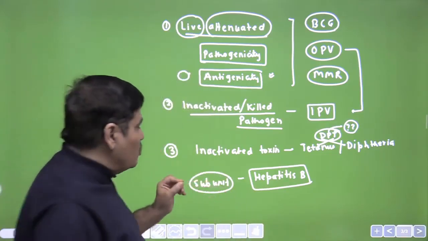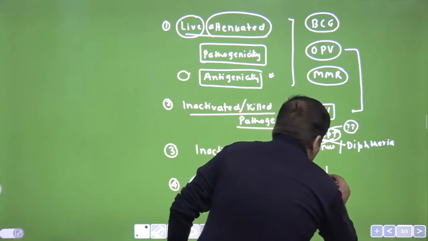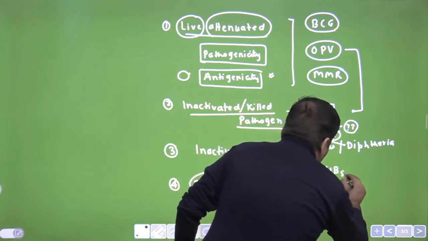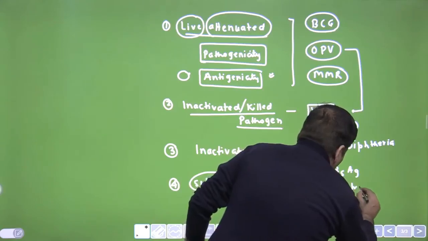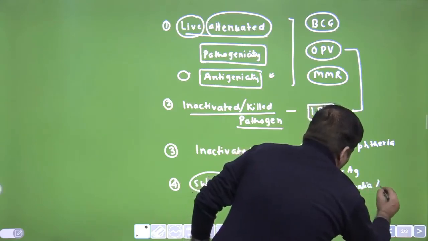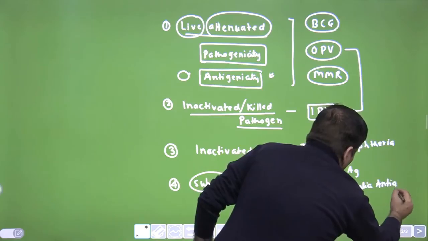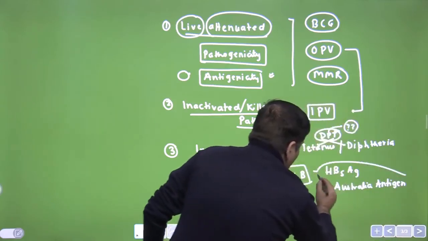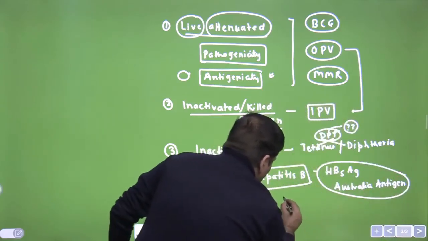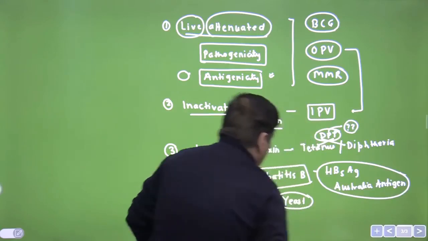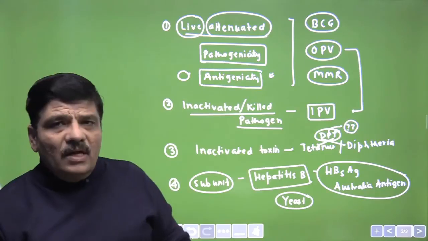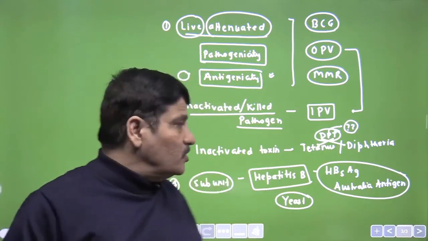It is based on the hepatitis B virus surface antigen, also called the Australia antigen. So this is a very important vaccine. It is produced in recombinant yeast, and it is a highly effective vaccine given in 3 doses, intramuscularly.